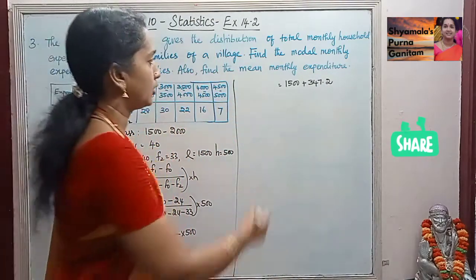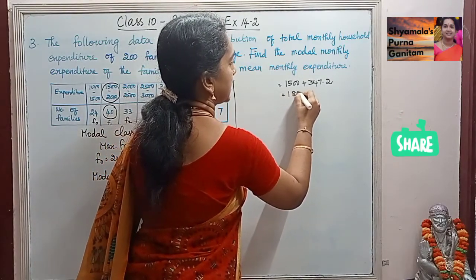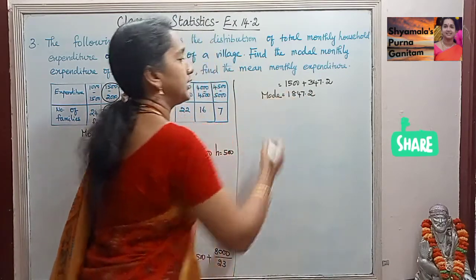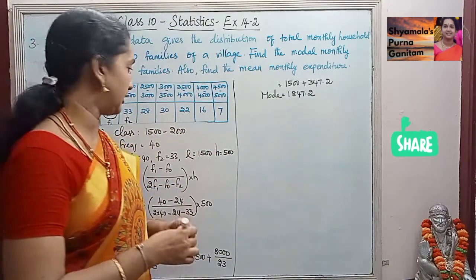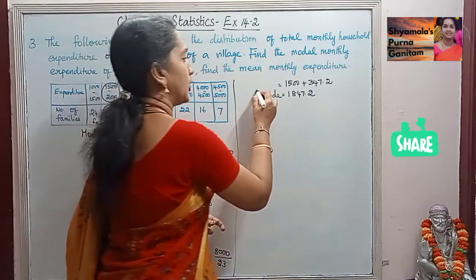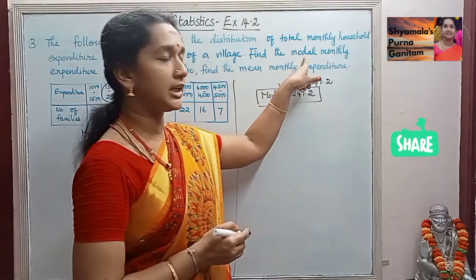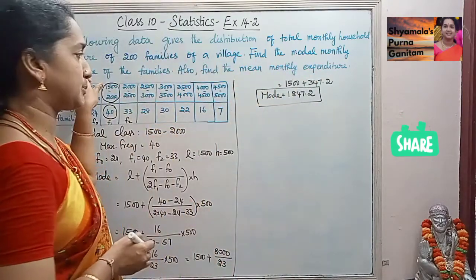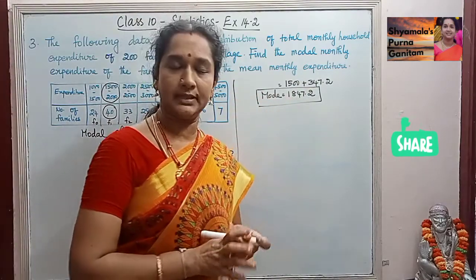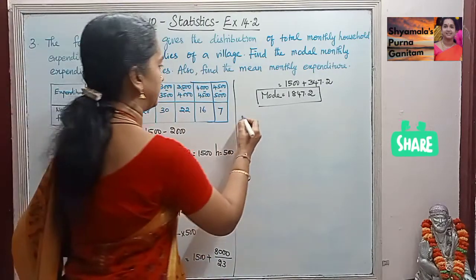When we add this, it will be 1847.2. So this is the mode for the given information. We have calculated the mode here. The modal monthly expenditure is 1847 rupees 20 paise.